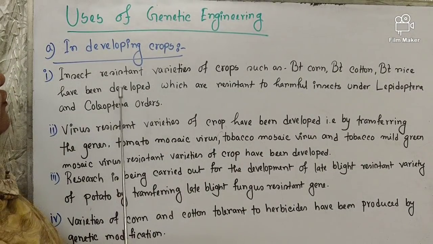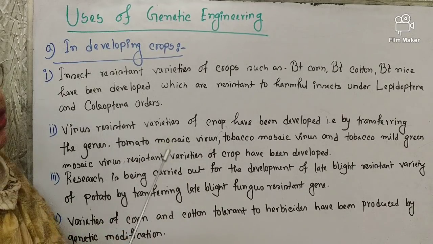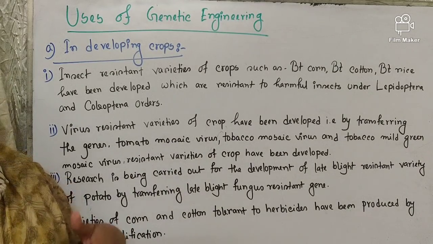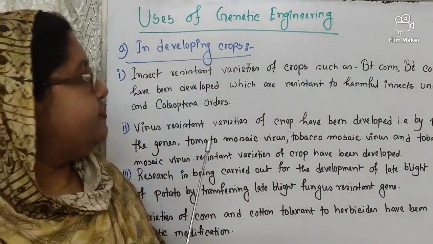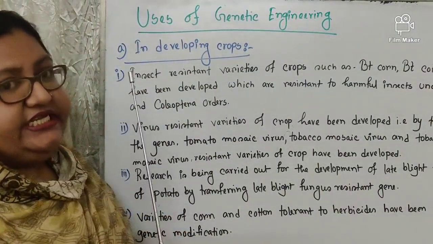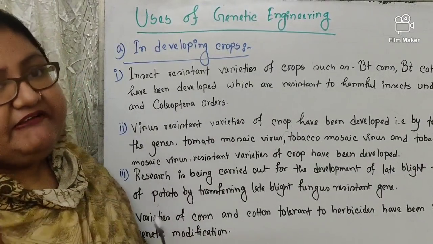Now, the uses of genetic engineering. At first, we will discuss the uses of genetic engineering in agriculture or in developing crops. First of all, through genetic engineering, it is possible to produce insect resistant varieties.